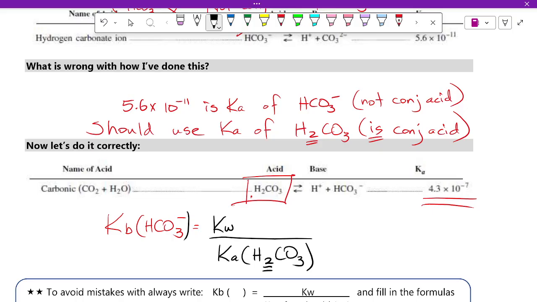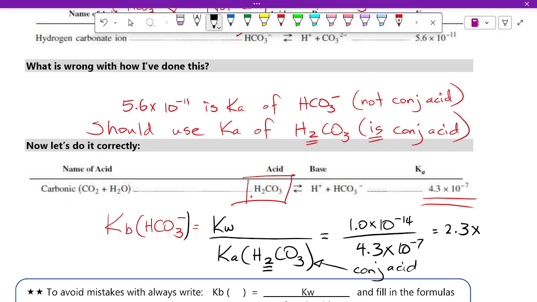This is our conjugate acid. And that's going to be 1.0 times 10 to the negative 14 divided by 4.3 times 10 to the negative 7. And we get 2.3 times 10 to the negative 8.